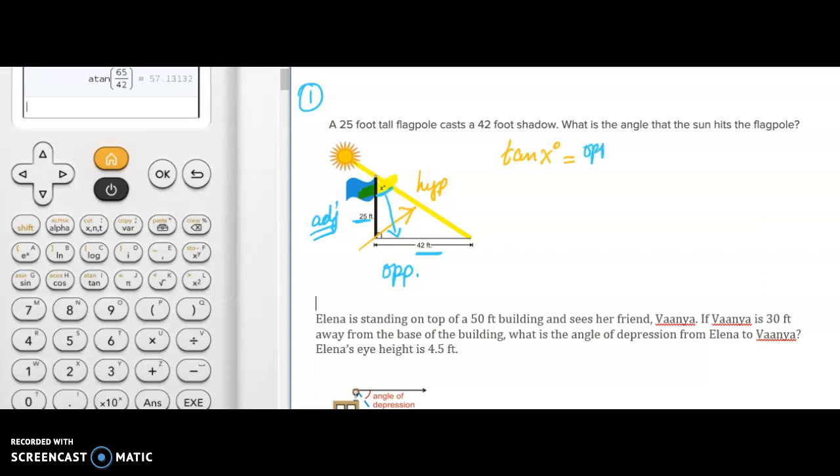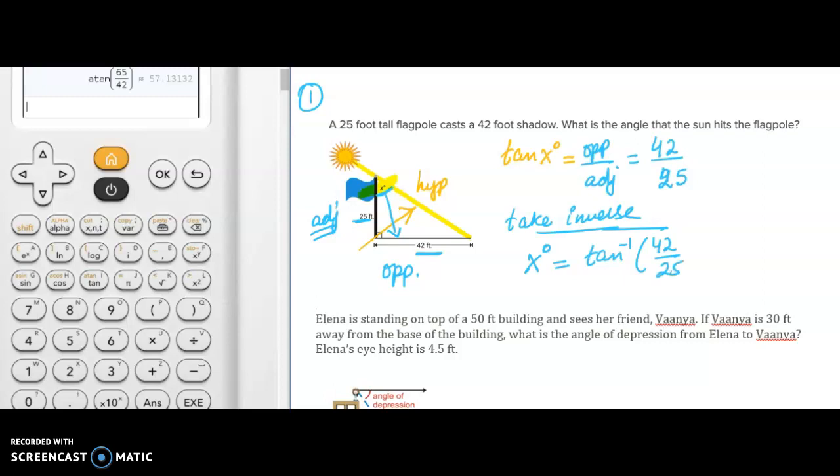We have the trig ratio now. So opposite over adjacent. And what is opposite? Opposite is 42. Adjacent is 25. Right there. Now we have to take the inverse. Let's take the inverse both sides. x degrees is nothing but tangent inverse of the ratio 42 over 25.